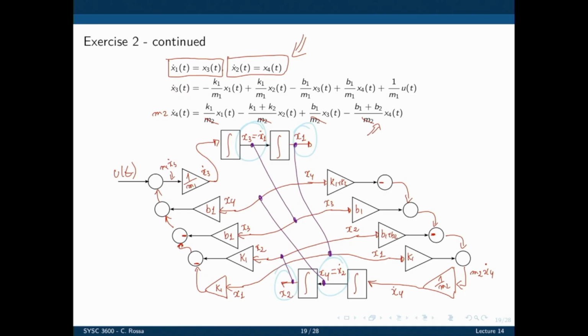Where is the output of our system? The output was chosen to be x1, the position of one of the masses, so that's where the output is. But despite that one output, we also have access to everything else in the system. All other states are clearly visible in the simulation, and that's one of the biggest advantages of this type of analysis compared to the analysis we did before.